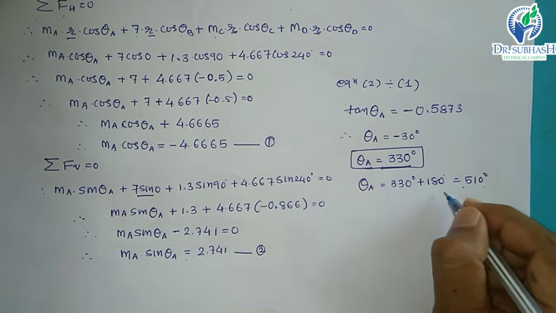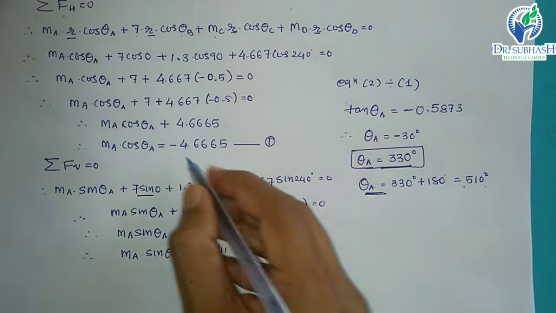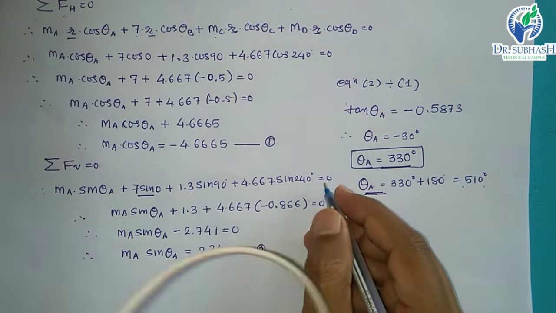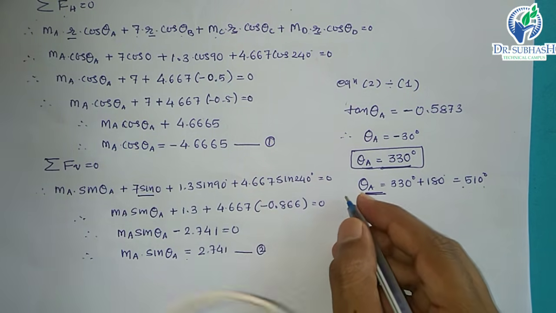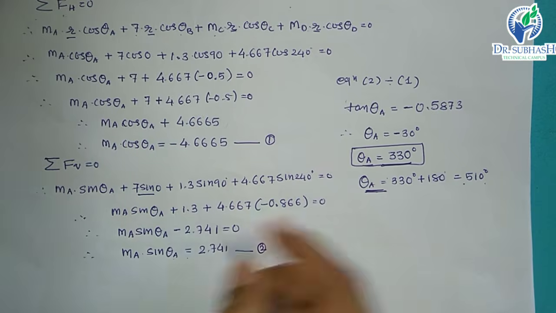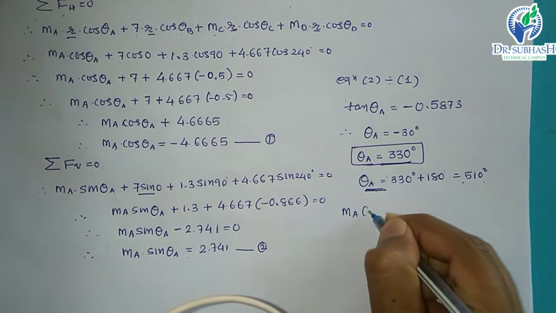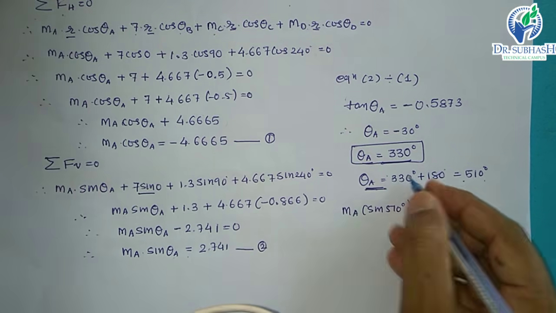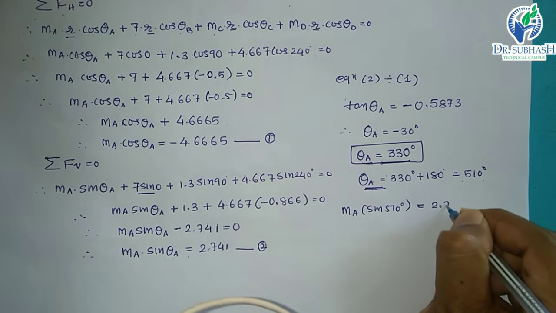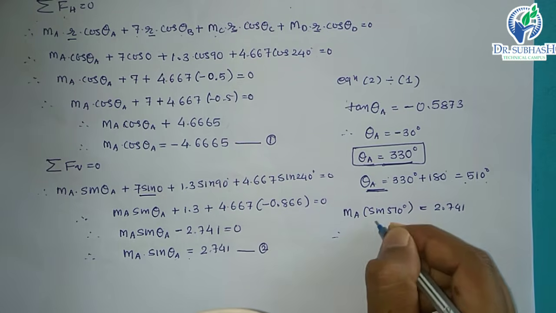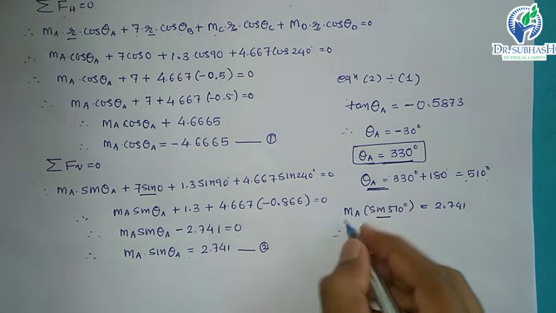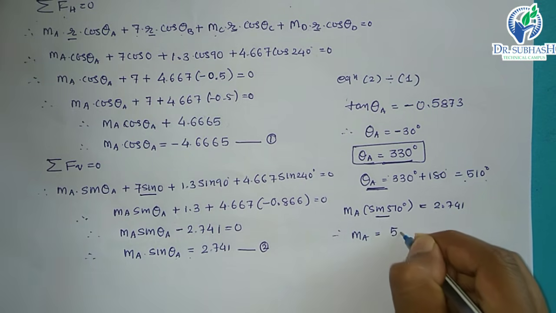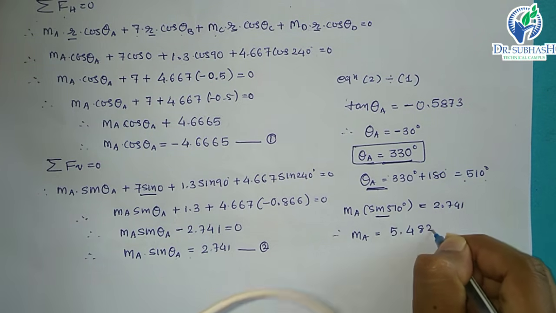Now if we put this value of theta a in equation 1 or 2, here if we put it in equation 2, then we get ma sin 510 degree is equal to 2.741, and the value of sin 510 is 0.5, so we get ma is equal to 5.482 kg.